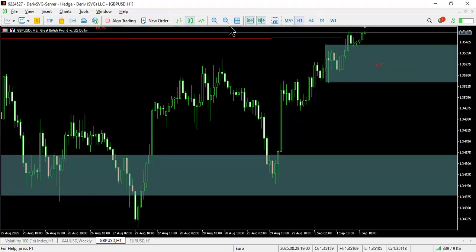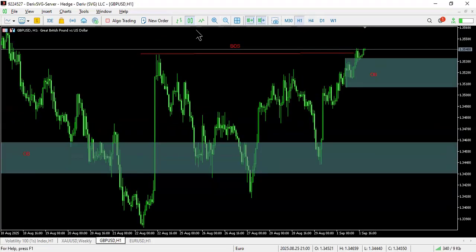And then if you go to the 1 hour time frame, that is what we have on the 1 hour, our entry time frame. And then that is the order block.